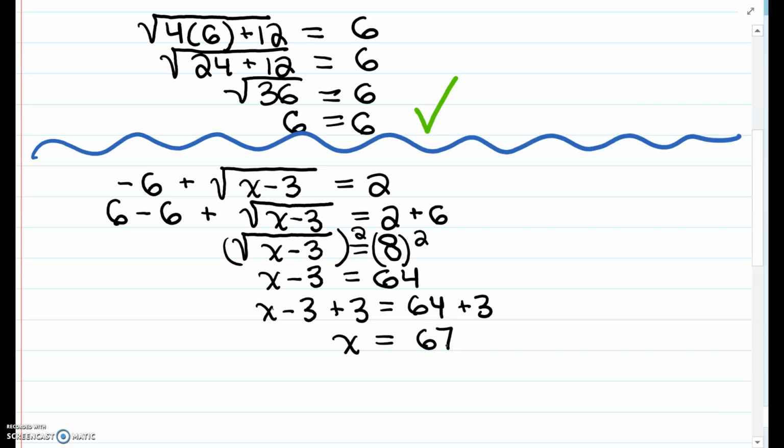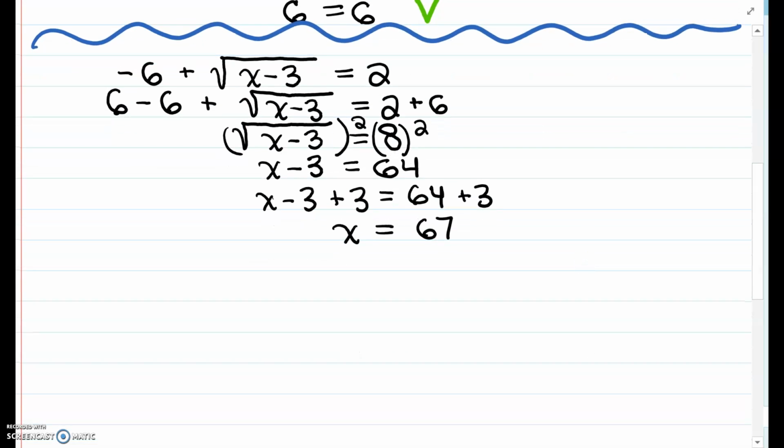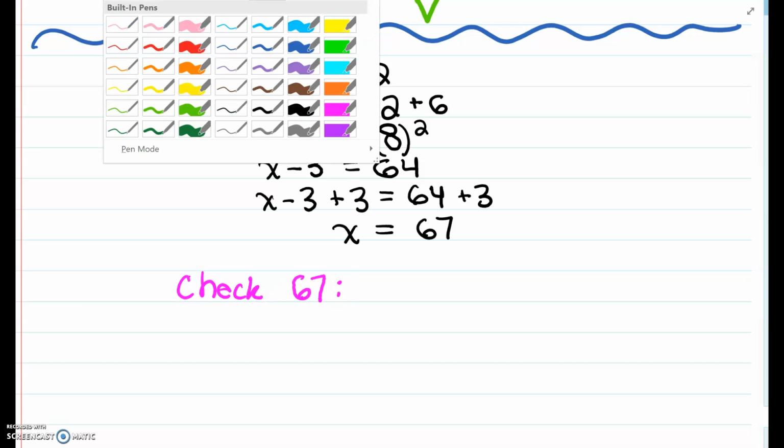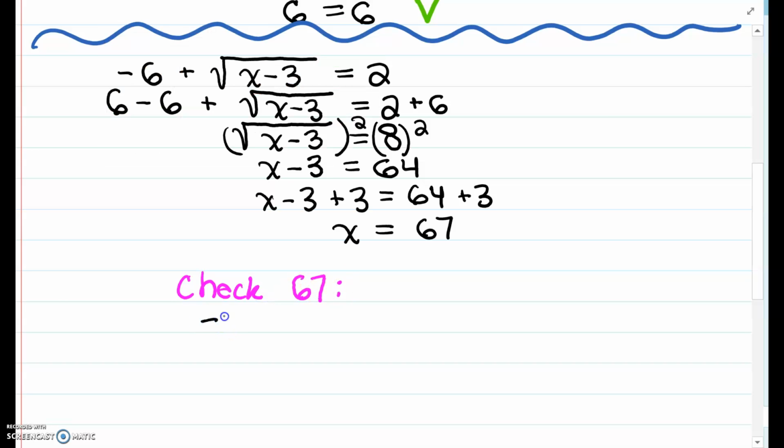Lastly, we check the solution by plugging in 67 back into the original equation. So check 67. Negative 6 plus radical 67 minus 3 equals 2.